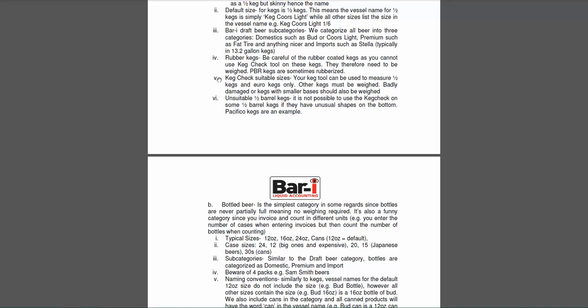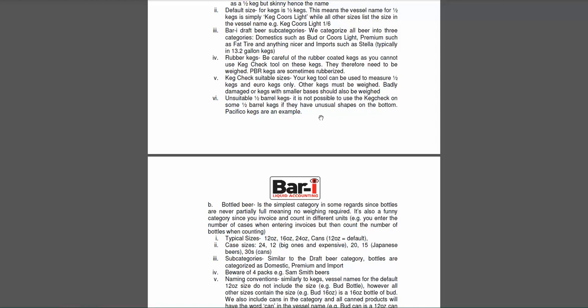Final word, if the kegs are badly damaged, again, we'll get into this when you do your training, but the keg check works by measuring the rotational force when you tip the keg up onto its edge, and so if the edge of the keg is damaged, or if you're not on a flat surface, a flat concrete floor, you're going to have trouble, and again, you would have to weigh those kegs to be accurate. And then finally, the unsuitable half barrel kegs.